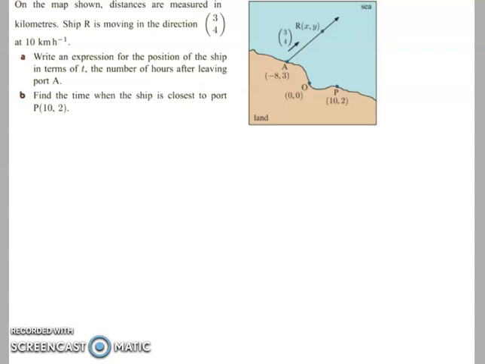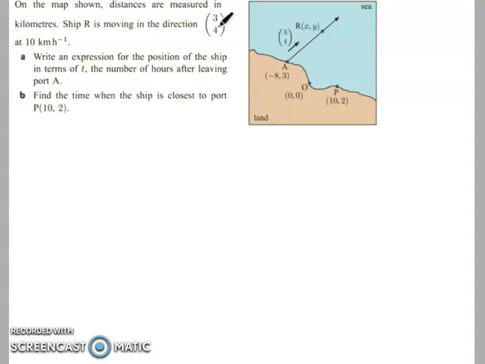Next example, we have a ship at R, which has left point A, travelling in a direction given by the vector 3, 4. We're told that the speed of the ship is 10 kilometers per hour. Looking at that vector, the magnitude of that is only 5. Therefore we need to times that by 2 to get our velocity vector.